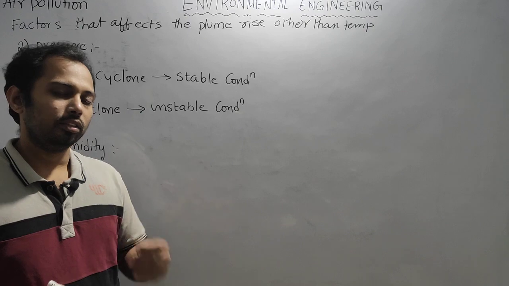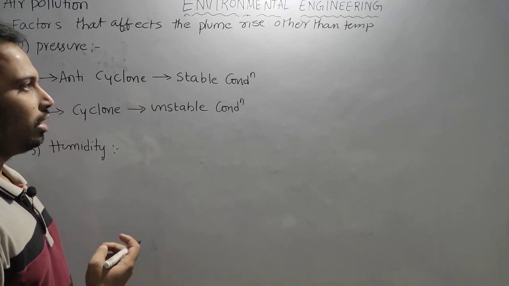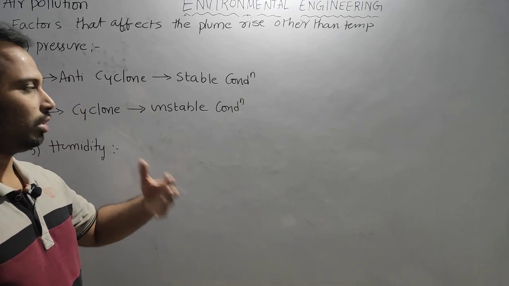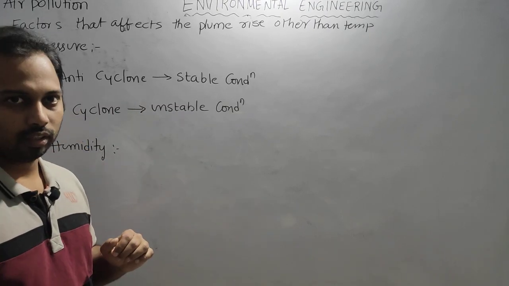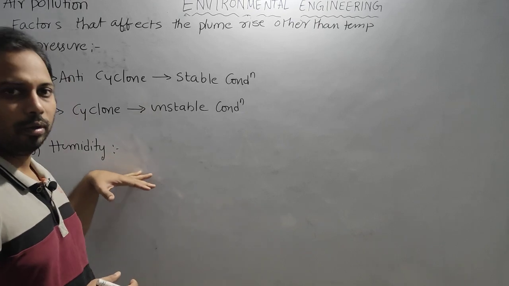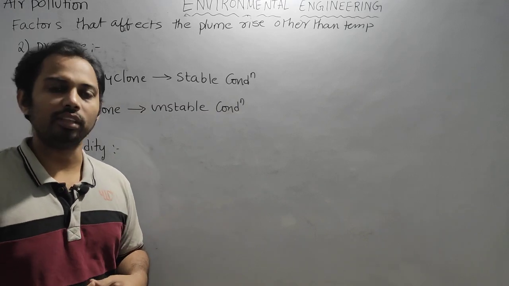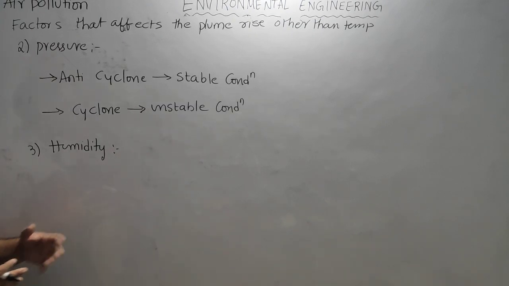So when moisture is present, these reactions will take place, causing some secondary pollutants, and the disposal will get affected by those secondary pollutants. So the plume rise may vary depending upon the degree of humidity present in the environment where we are releasing the smoke. These are the different factors which affect the plume rise other than the temperature itself.